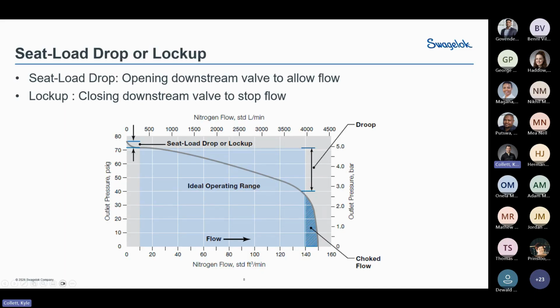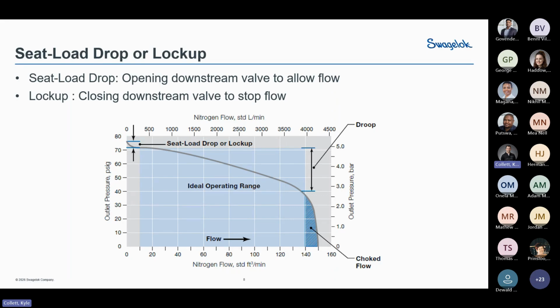If you take a look at the graph on the top left-hand side, we've got the 2 arrows pointing to seat load drop. You can see you're going from a 0 flowing position, and as we open this regulator set flow or open a valve downstream, you are going to notice a drop in the outlet pressure of the regulator.